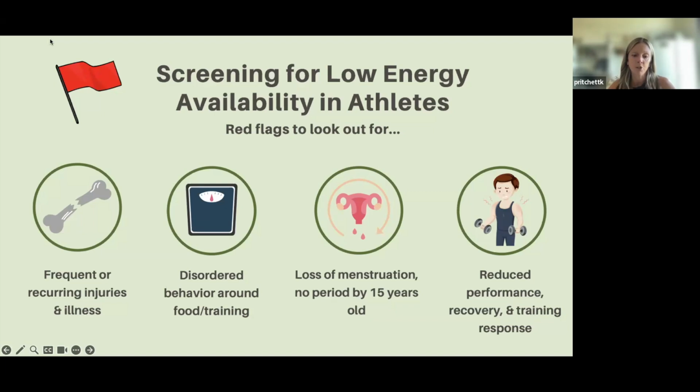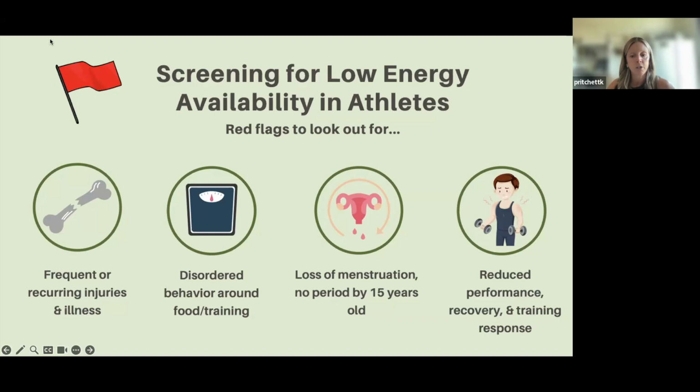And then loss of menstruation. As Leah mentioned, we define a lack of 3 or more consecutive menstrual cycles as amenorrhea, or no period by age 15. This is referred to as primary amenorrhea. If you have an athlete who started their period, let's say at age 14, and then they lose their cycle when they're 16, we would refer to this as secondary amenorrhea.